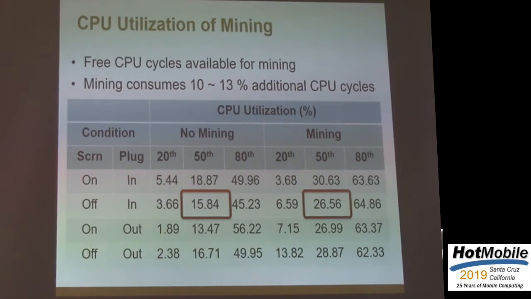To sum up, our miner is consuming about 3 to 7% of the battery power per hour, and also 10 to 13% of additional CPU cycles. But remember, we set the mining intensity at the 20% level, so depending on the user preference and the countries, we can make the right trade-off to increase profit or decrease the resource consumption.